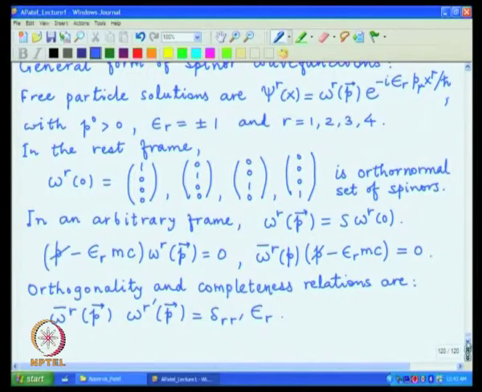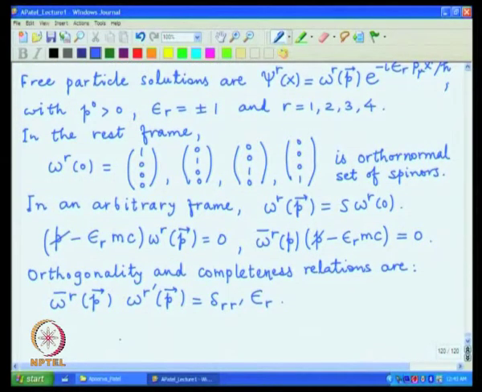And one can now write down a completeness relation as well, which sums all the 4 components and guarantees that you will get back the original objects.